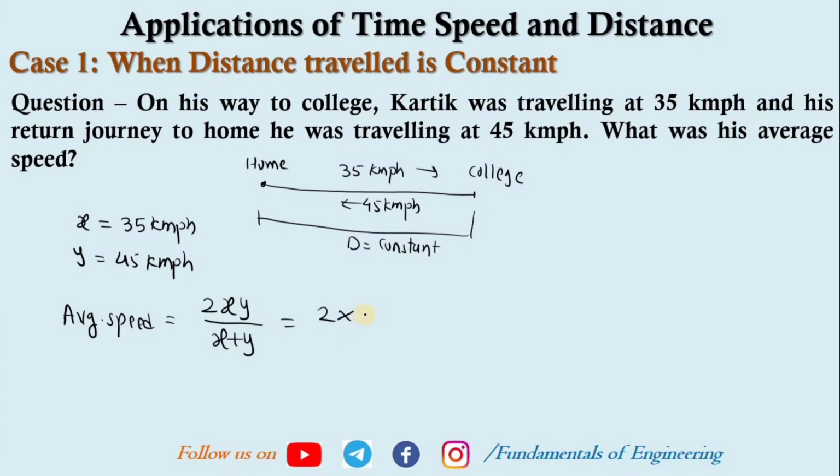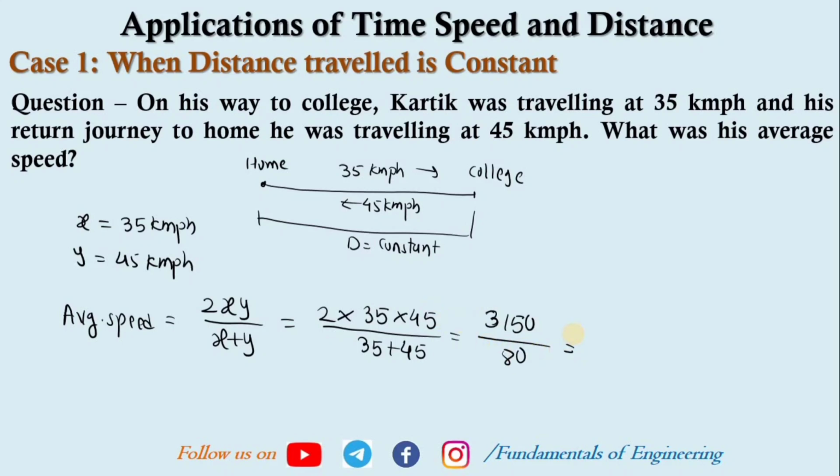So 2 into 35 into 45 divided by 35 plus 45. 2 into 35 into 45 is 3150, divided by 35 plus 45, that is 80.